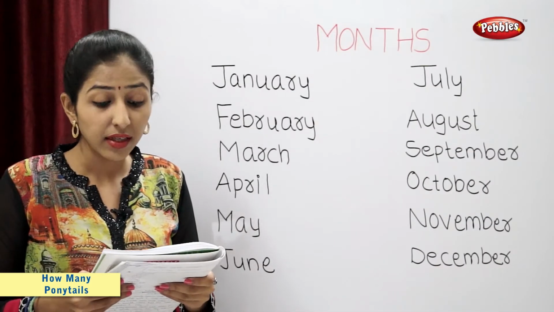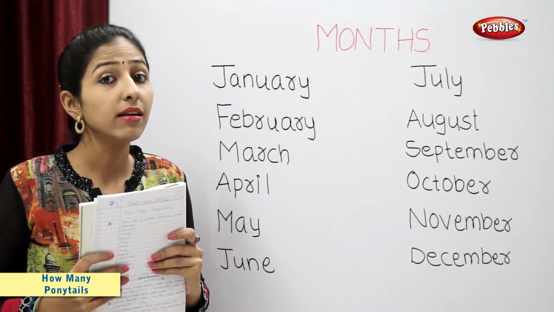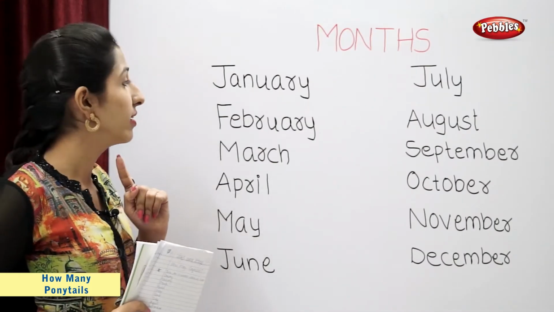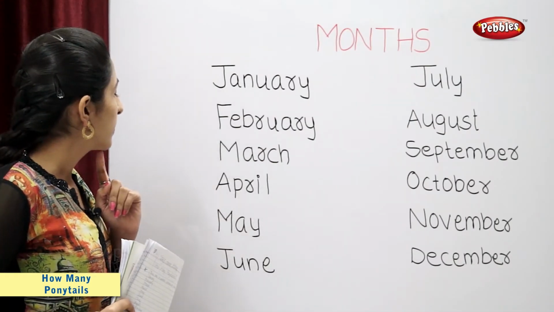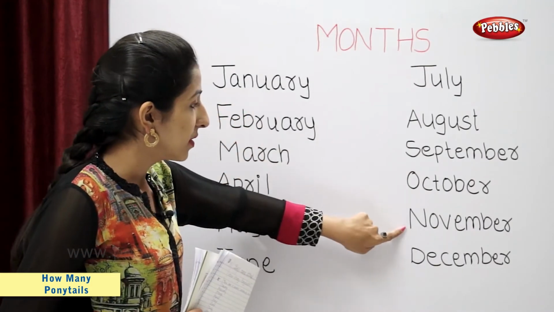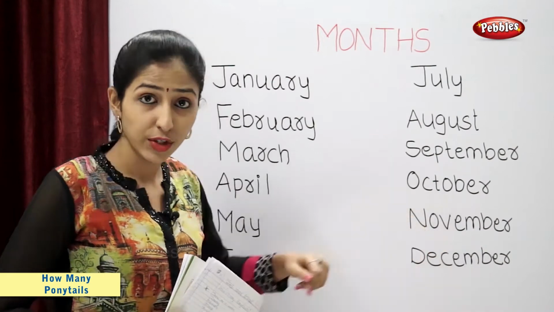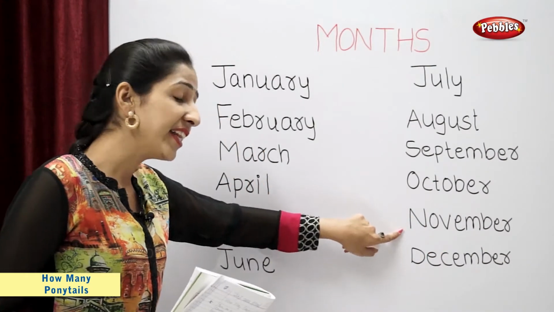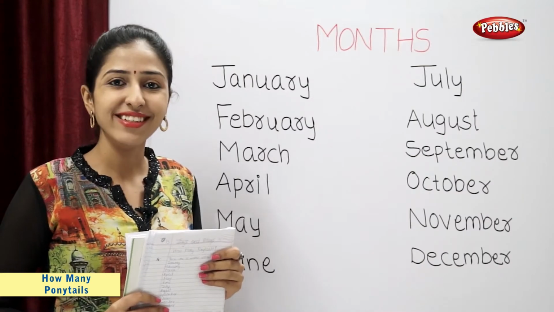How many months start with the letter N? Let's find this out. Letter N. November. So, there is 1 month starting with letter N, and that is November.